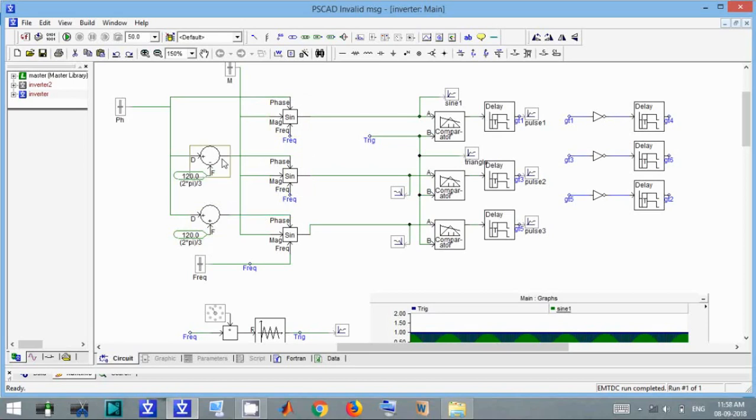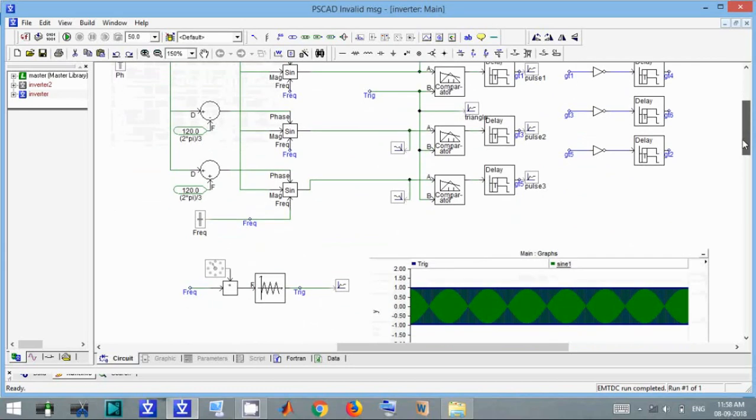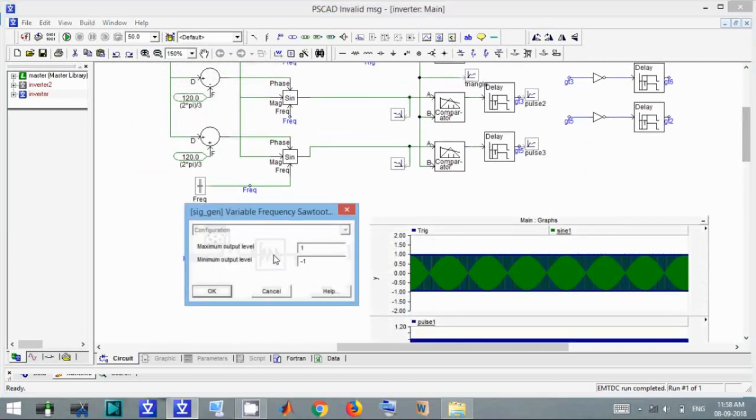So different phases are given to the sinusoidal waveform generator, the frequency is the same, and the magnitude we set at 0.9, and for the triangular pulse the magnitude is 1.